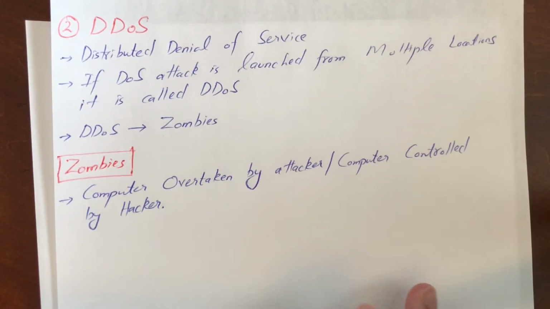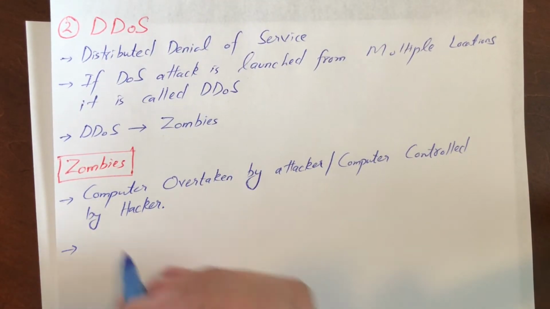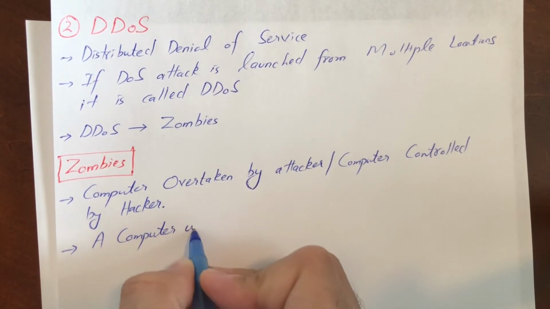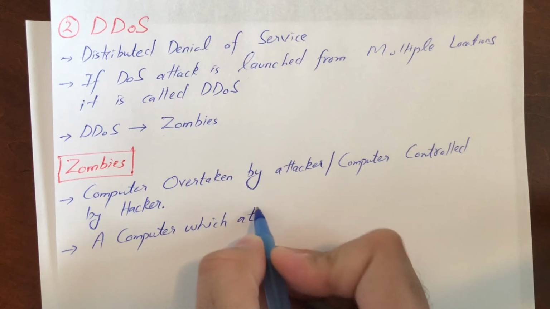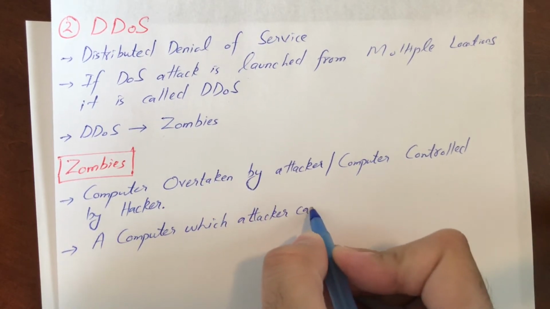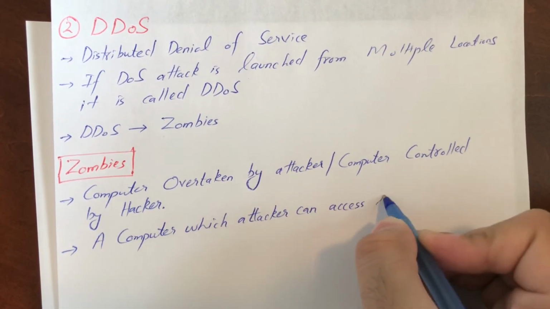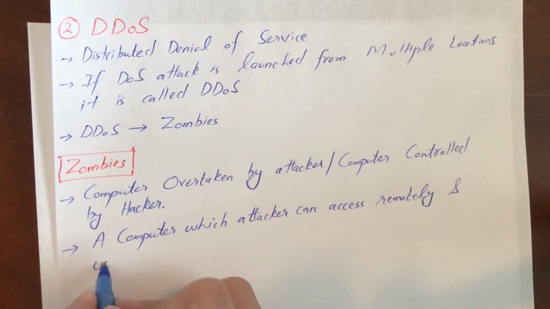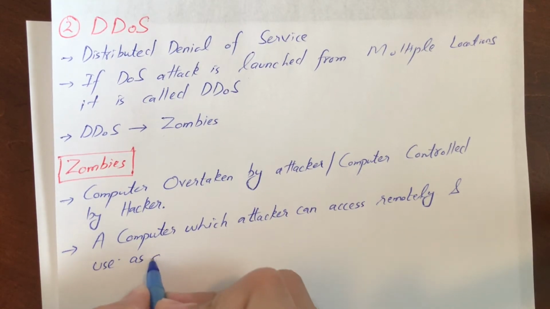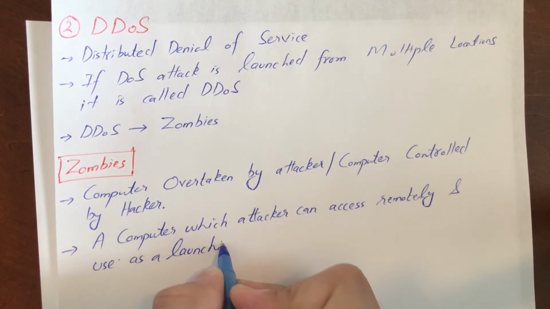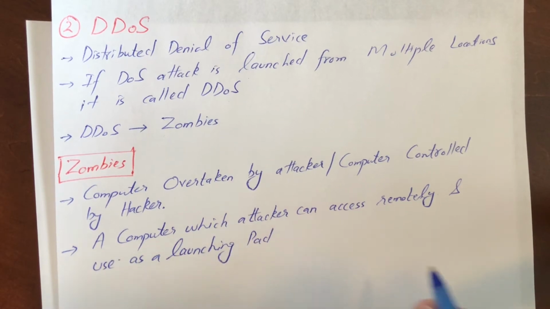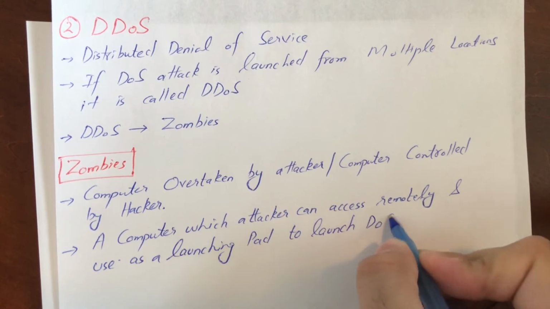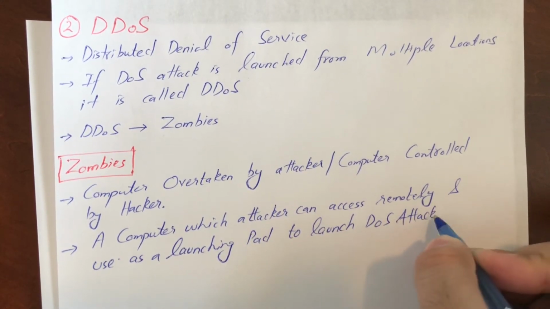Another important definition: a zombie is a computer which an attacker can access remotely and use as a launching point or launching pad to launch attacks, a DOS attack or some other attacks.